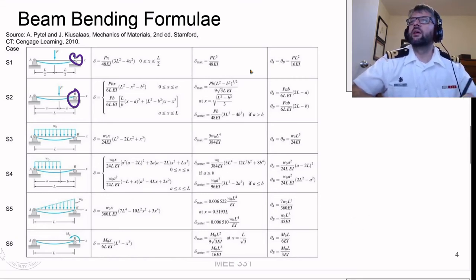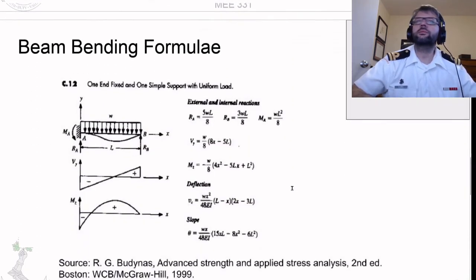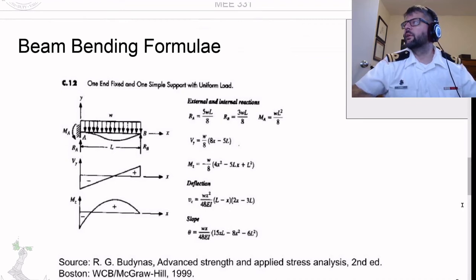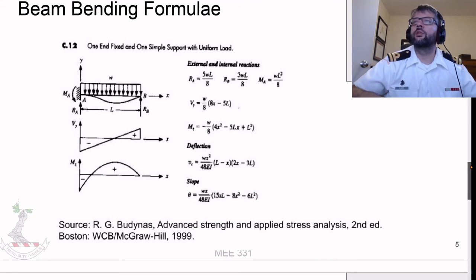So, yeah, other scenarios you can use. Again, just pick the known scenarios that correspond to the situation that you're trying to model. And then there's a few others I found in this Budynas textbook that are also useful.